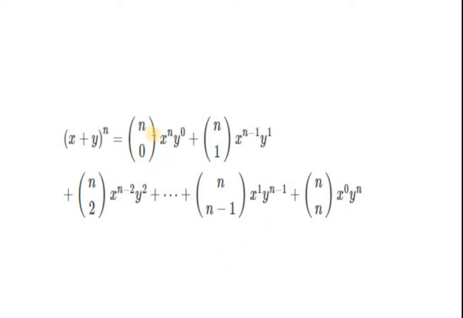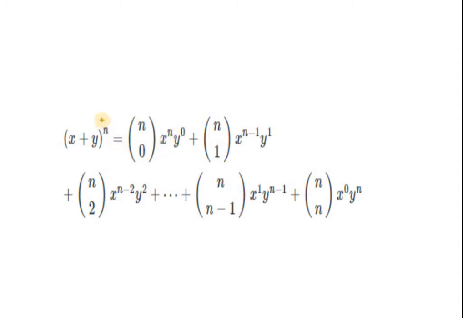Here in this summation the number of terms is n plus 1, whereas the exponent of the binomial expression is n. These are binomial coefficients, and we can find their value by a formula which we will see in the next slide. Here if we study every term, we will see that the sum of the exponent of x and y is n.